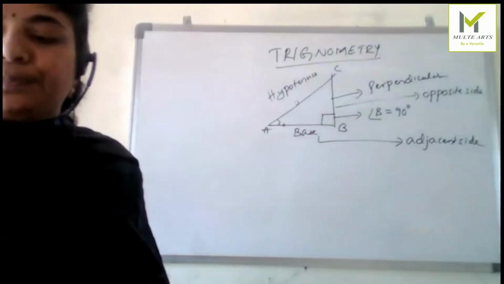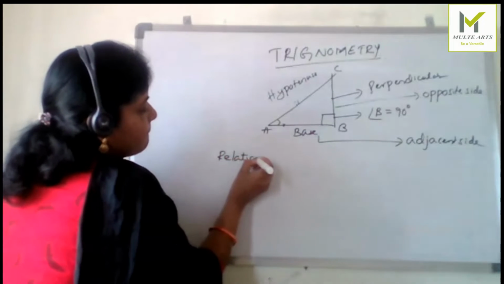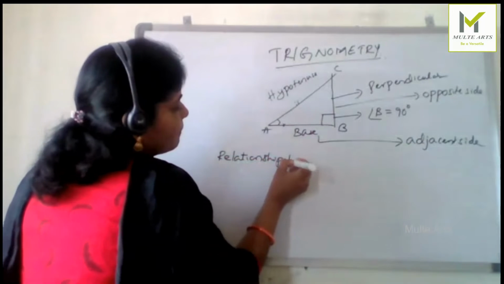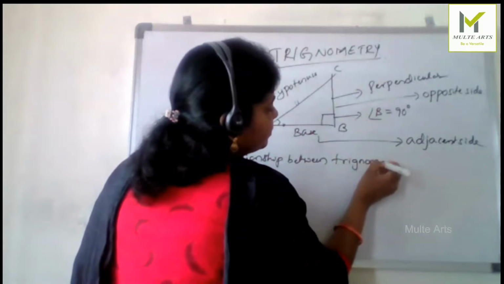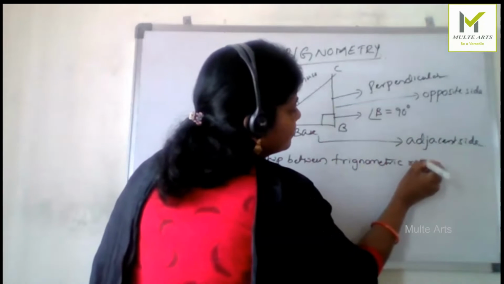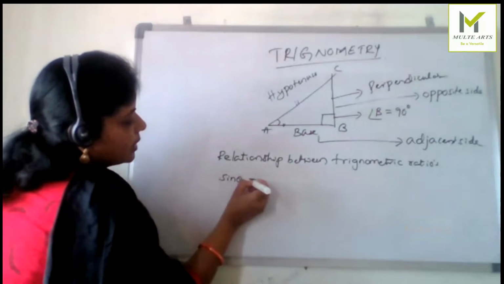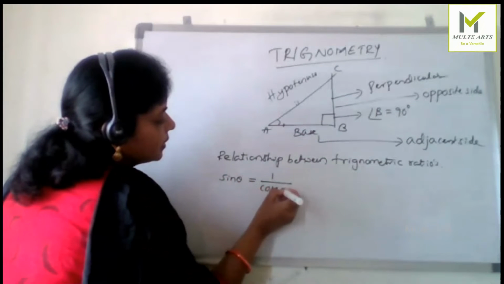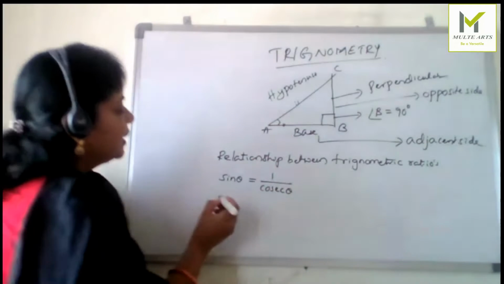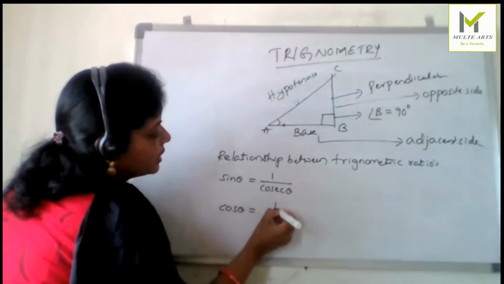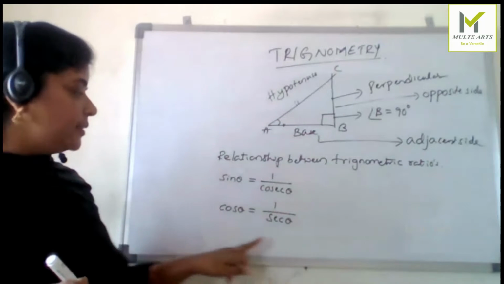Now I'm going to define the relationship between trigonometric ratios. That is, sin theta can be written as 1 by cosecant theta, the reciprocal of cosecant theta. Cos theta can be written as 1 by secant theta.